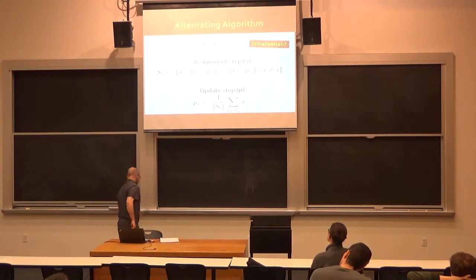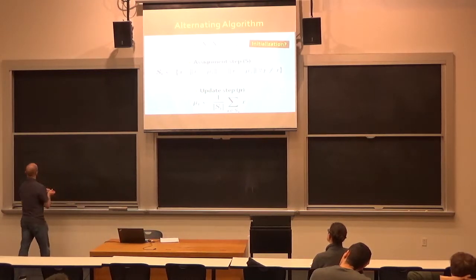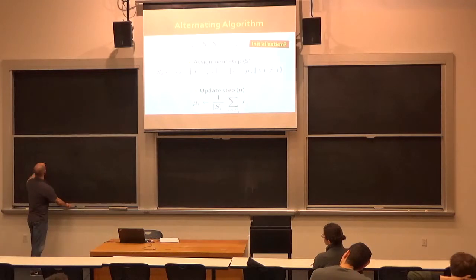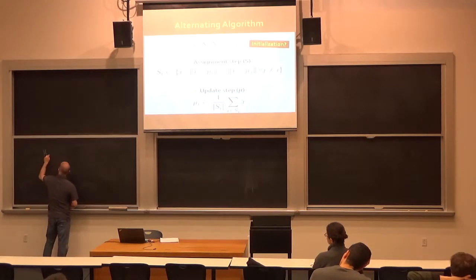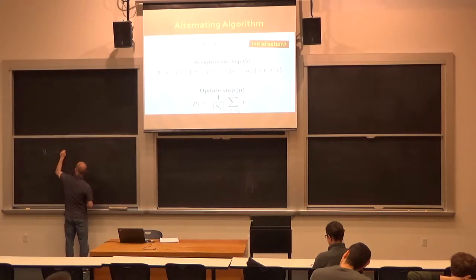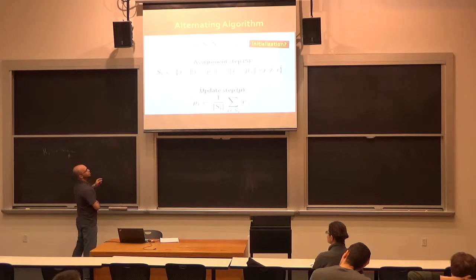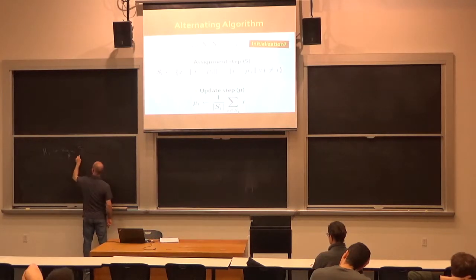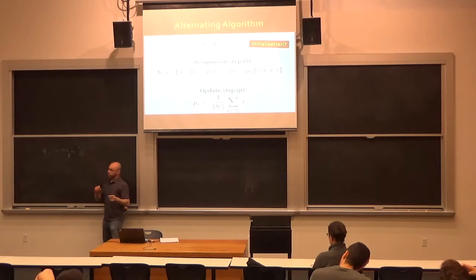One way to view the mu step is to say the ith mu is equal to the min over all the possible mu's, and then I'm going to sum over, let's make sure I use the same notation here, x in just that ith set, so I'm going to ignore the outer sum.